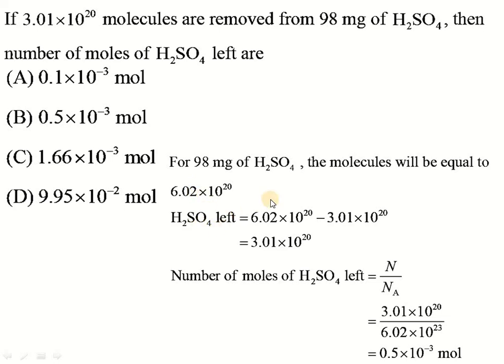We subtract 3.01 into 10 to the power of 20 from 6.02 into 10 to the power of 20. So we got 3.01. Now the number of moles is nothing but the number of molecules divided by the Avogadro number, which gives 0.5 into 10 power minus 3. 0.5 into 10 power minus 3 moles means option B is the right one.